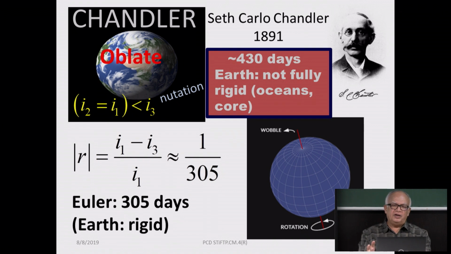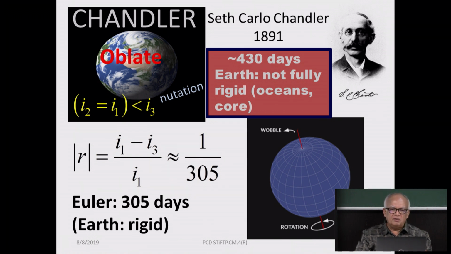If the Earth was a perfect rigid body, it would have a period of about 305 days, but it is not an exact rigid body. The atmosphere is moving around, there are tidal forces, there are tectonic plate movements and so on. So it's a very complex phenomenon which needs to be studied in some detail.